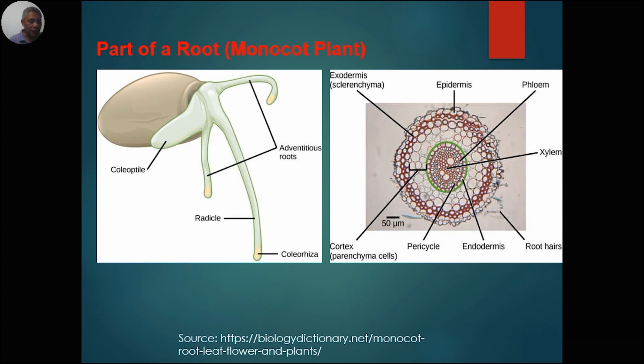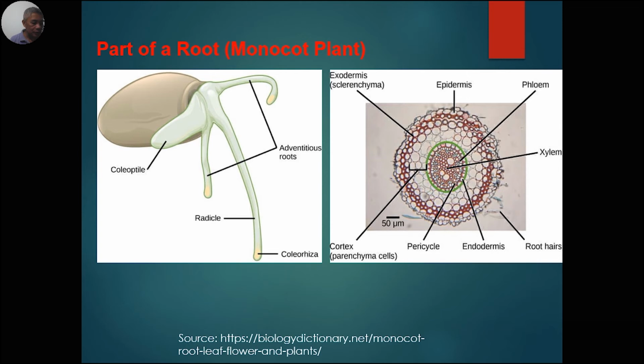This is the outer layer of the root. Then we have also the cortex, the parenchyma cell. Then we have the pericycle. This is a thin layer of plant tissue between the epidermis and the phloem.